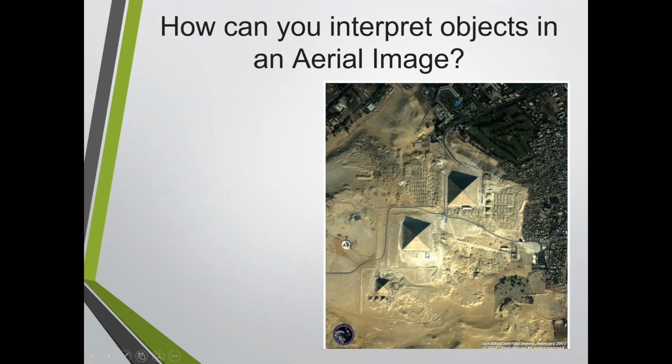We're seeing size, shape, tone, shadows, and site association, as it looks like there's some kind of city here and not a city here. So as we go through this, we'll think about that and see if we can resolve that down to what this is. Like I said, you guys probably already know what this is, but just consider this image.